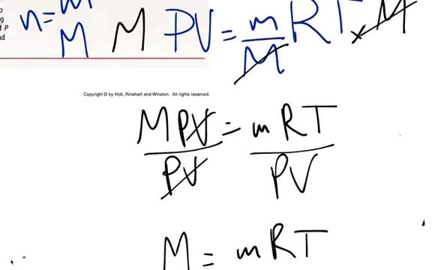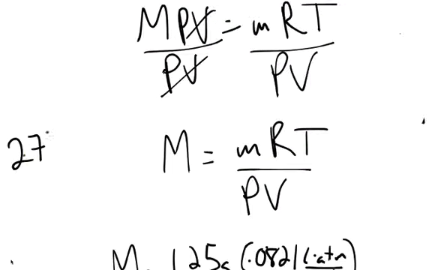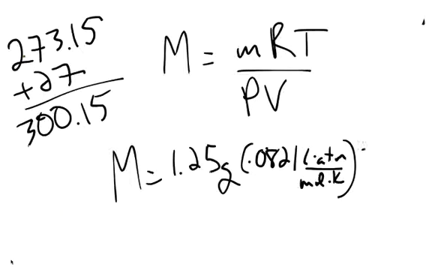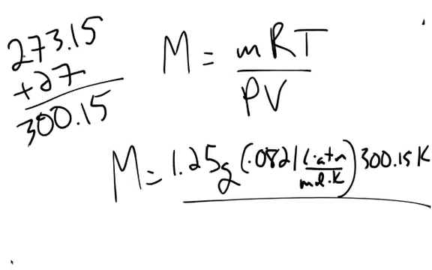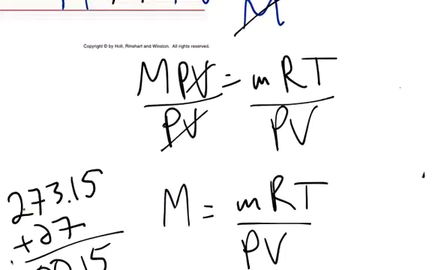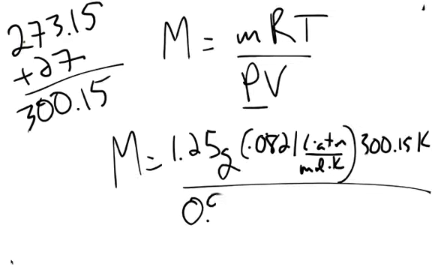So it's 27 degrees plus 273.15. So what is it? 300.15 degrees Kelvin, all over my pressure, which was already in atmospheres, thankfully. 0.961. One less piece of conversion that I have to do.